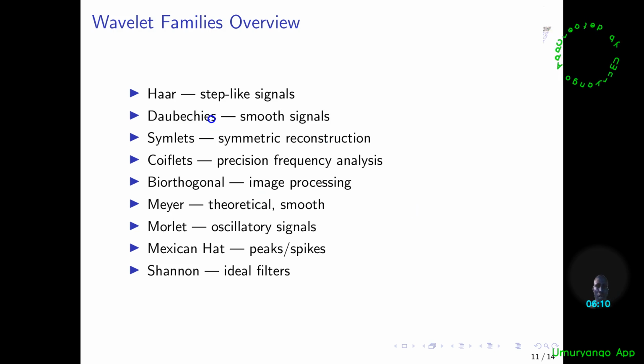Here are some families of wavelets, but there are also more.